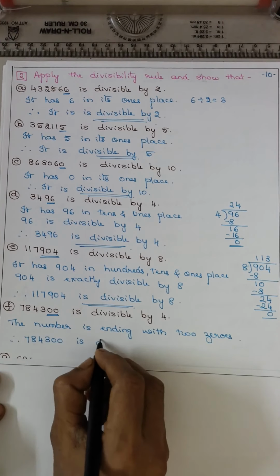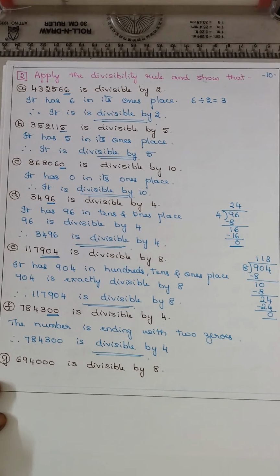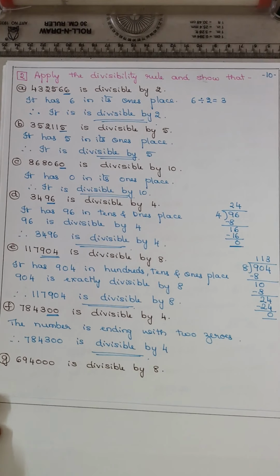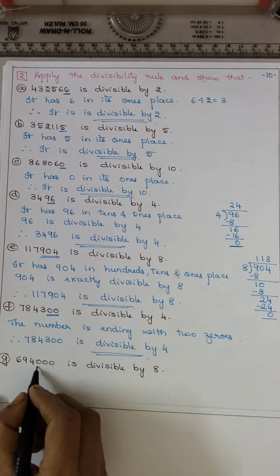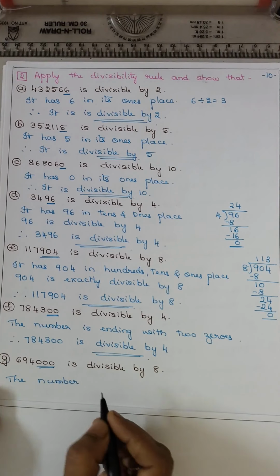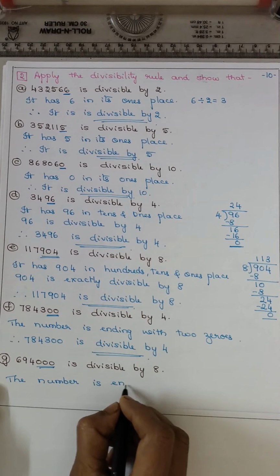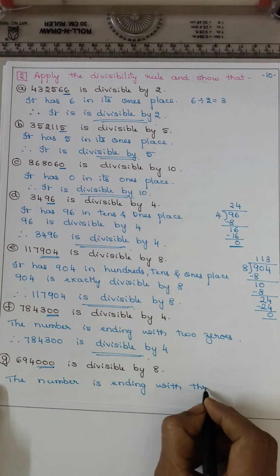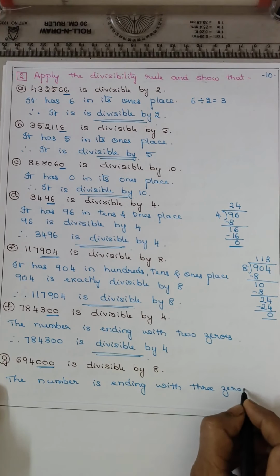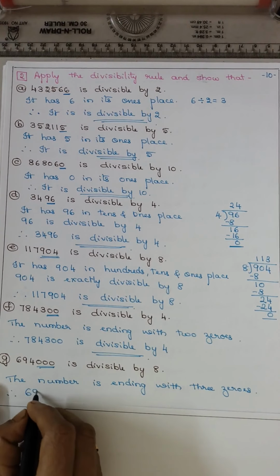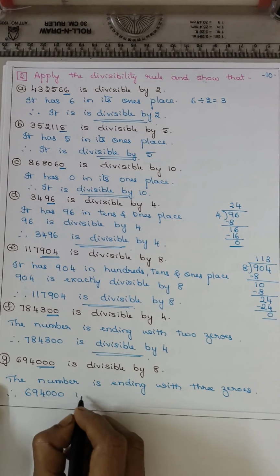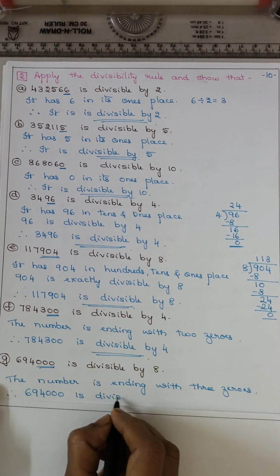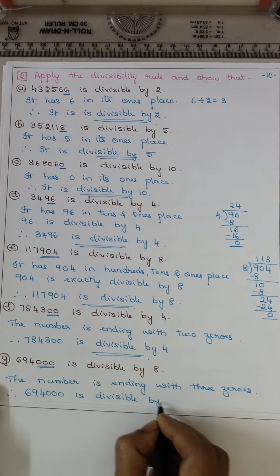Look, minimum 2 zeros are needed. Okay. So for 2, minimum 1 zero, for 4, minimum 2 zeros, for 8, minimum 3 zeros. So the number is ending with 3 zeros. Therefore 694000 is divisible by 8.